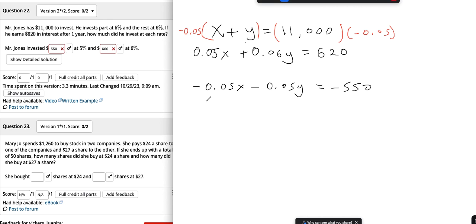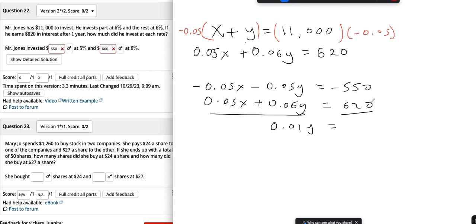And I'll just rewrite this one underneath it. When I add these together, the x's drop out. That was the plan. 0.06 minus 0.05 will leave me 0.01y, and that's going to equal 70.